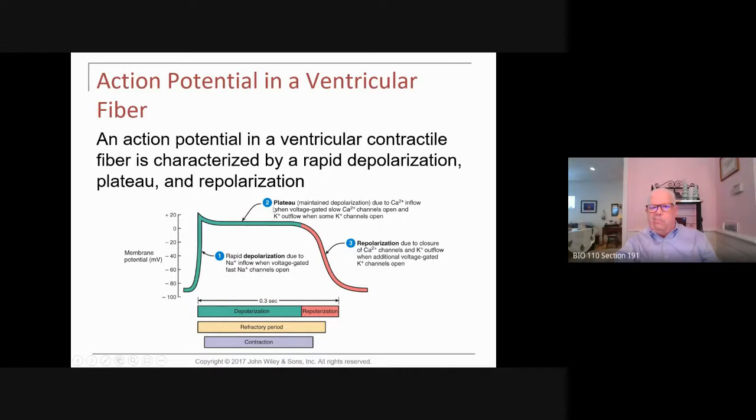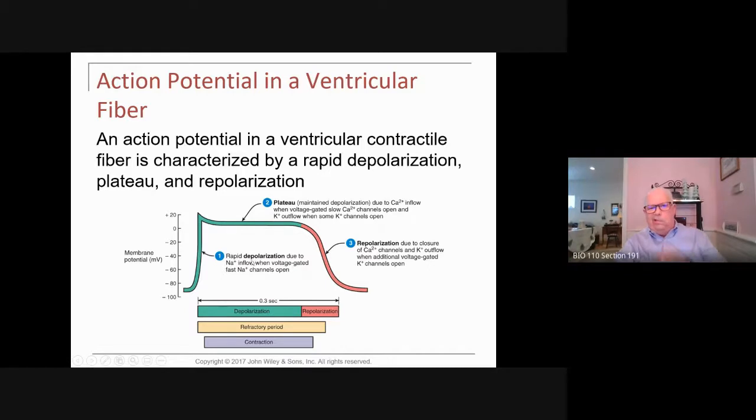Then you get a plateau. And that's usually due to calcium inflow into the cell. And then you repolarize, and that's usually due to potassium leaving the cell.